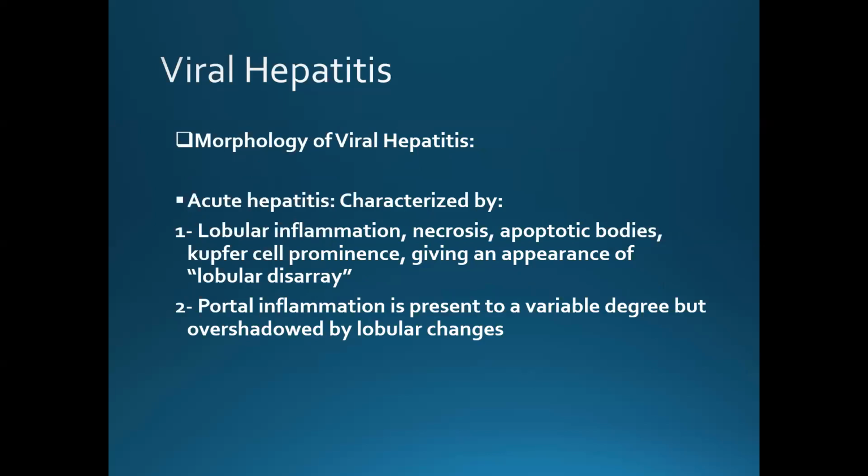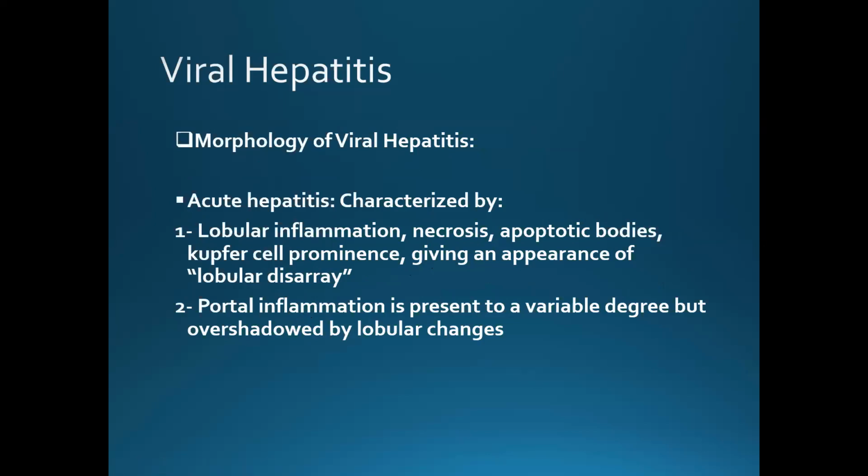Starting with the morphology of viral hepatitis. Acute hepatitis, as I mentioned in the first lecture, is usually a lobular inflammation where there is necrosis, there are apoptotic bodies, there is Kupffer cell prominence, and it may give an appearance of lobular disarray. Portal inflammation is present, but usually overshadowed by the lobular changes.